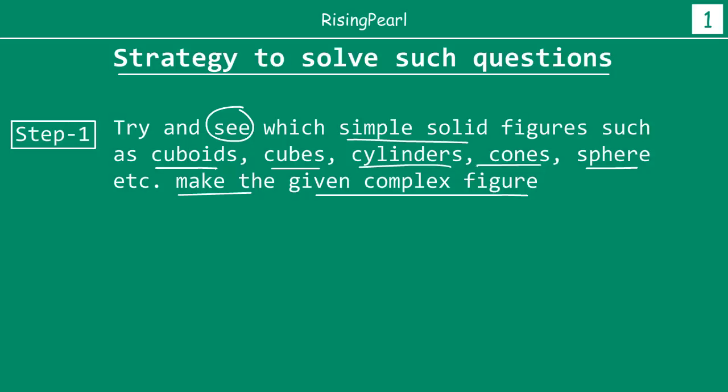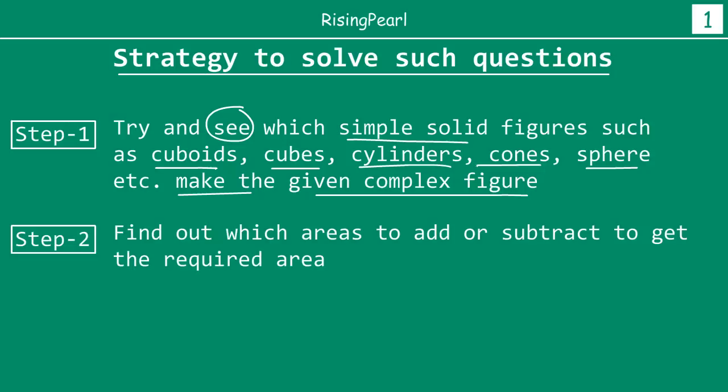So after we finish doing that, we want to find out which areas we need to add and which areas we need to subtract to get to our required area. This step is very important too, because as we have seen in the last two episodes, if we are talking about surface area, most of the time the surface area which is inside of a solid is not normally used.